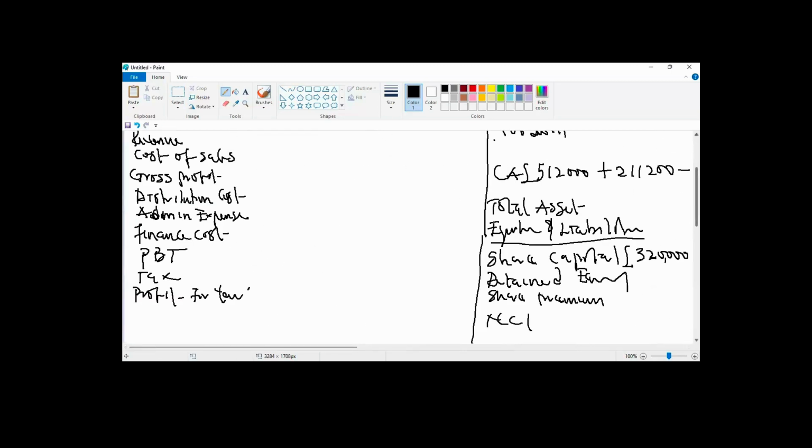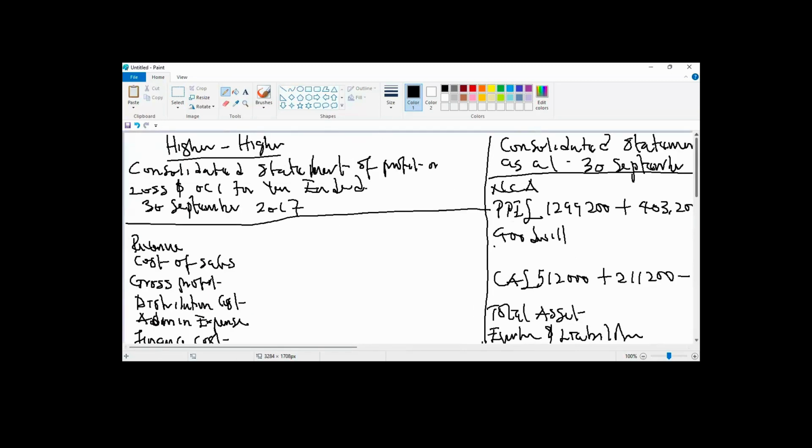Intragroup sales, revenue of the parent, minus 256,000. That's it. I'll go to cost of sales.